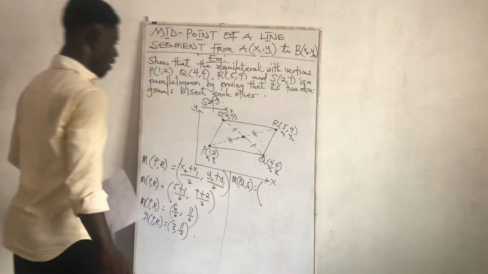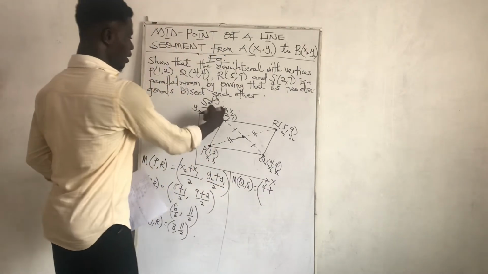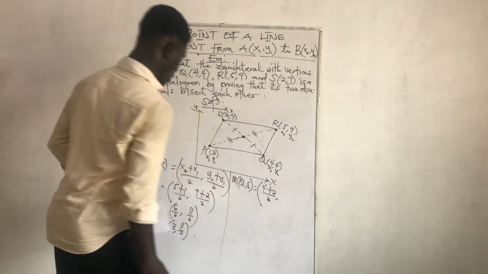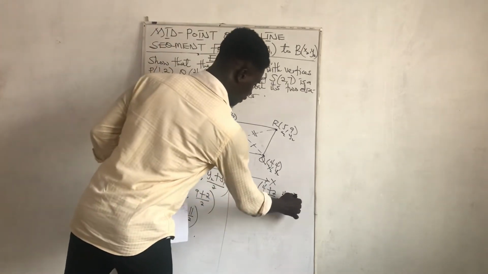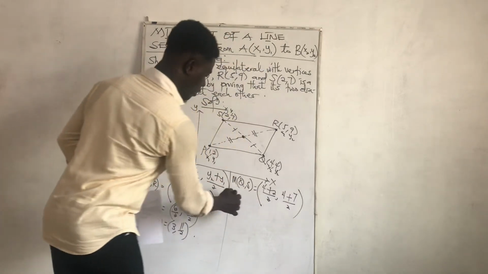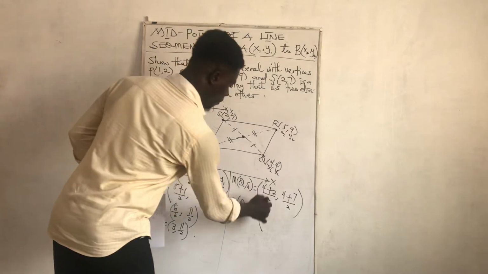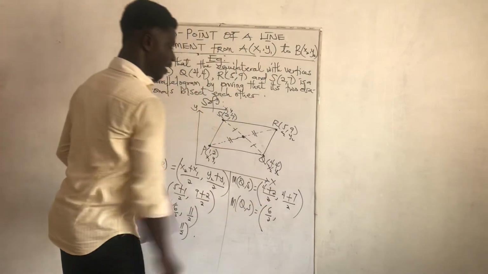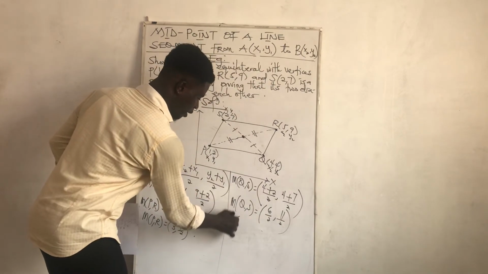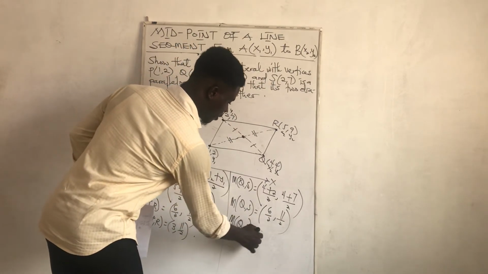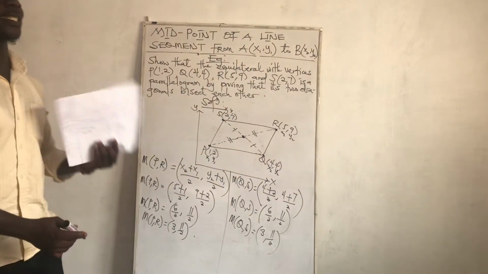Now, X2 is 4, plus X1 gives 2, all on 2. Then Y2 is 4, plus Y1 is 7, all on 2. So now we have the midpoint of QS equals 4 plus 2 gives 6 on 2, then here I get 11 on 2. So the midpoint of QS is 3, then 11 on 2, because 6 divided by 2 is 3.